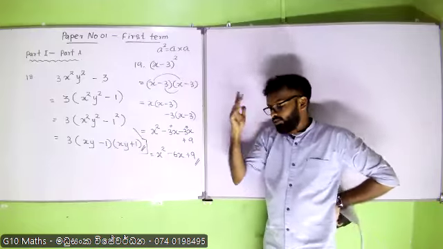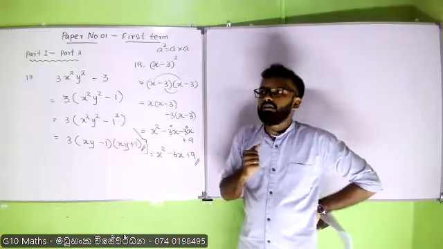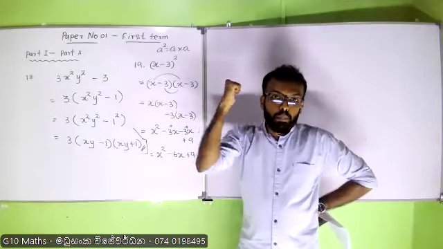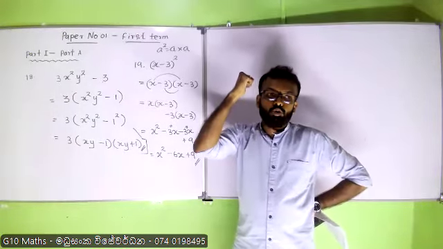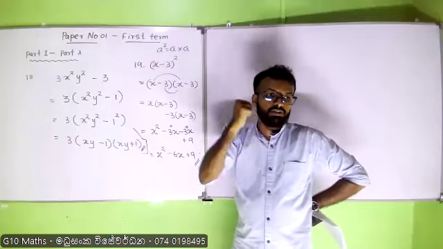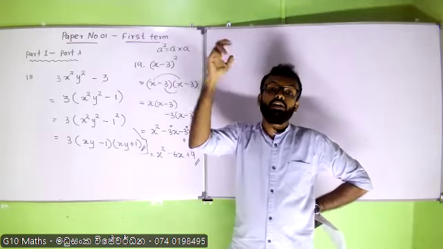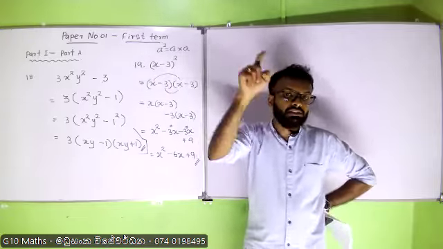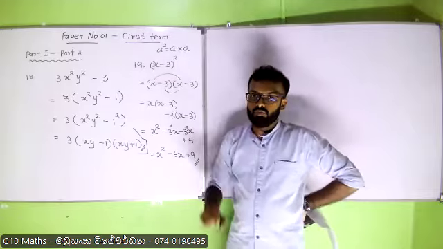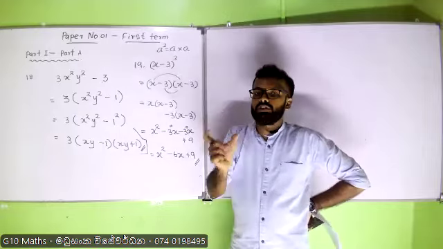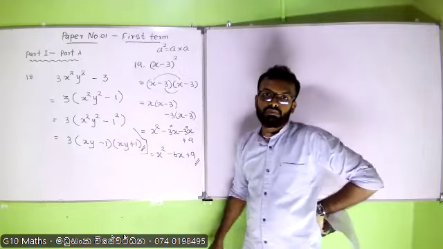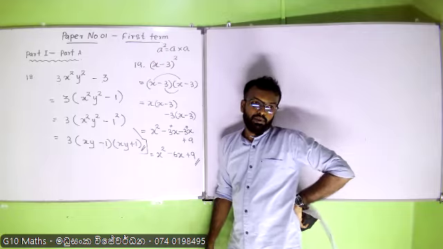Right. Tell me what is the basic thing you need to know about the difference of two squares. What did I tell you at the lesson, and what expression did I give you as an example?